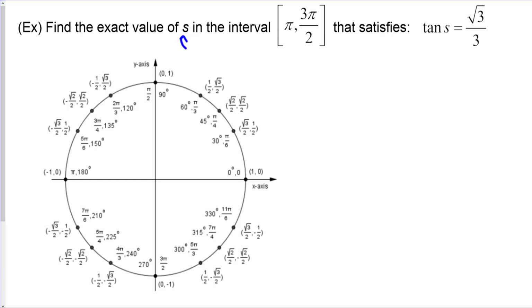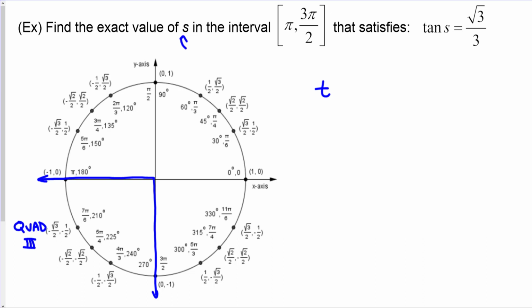Now, the angle measures pi to 3 pi over 2. What that means is we're restricting ourselves to quadrant 3. So, any solutions that may occur outside of this range, we are going to ignore. Now we want the tangent of this arc length.